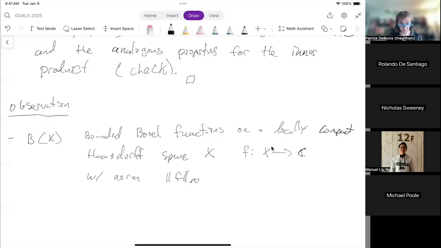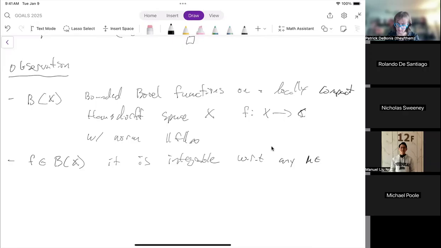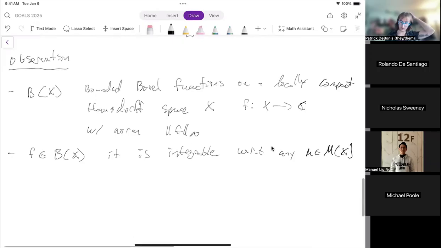The observation we want is that for any f in this space, it is integrable with respect to any regular Borel measure on the space.